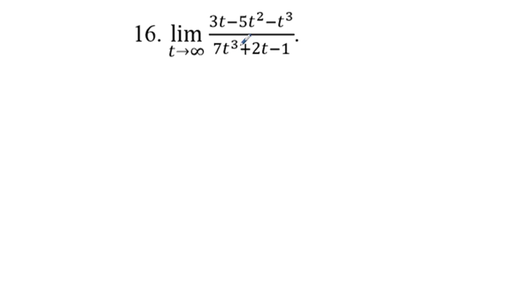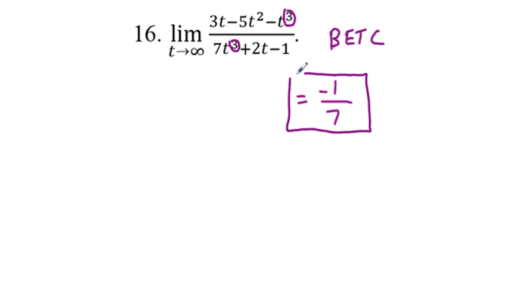So essentially for this, when it says bottom equals top, use coefficients. Our highest exponent here is 3, and that's the same for the numerator and the denominator. So our coefficients are going to be negative 1t cubed over 7t cubed. So our answer for number 16 is going to be negative 1/7.